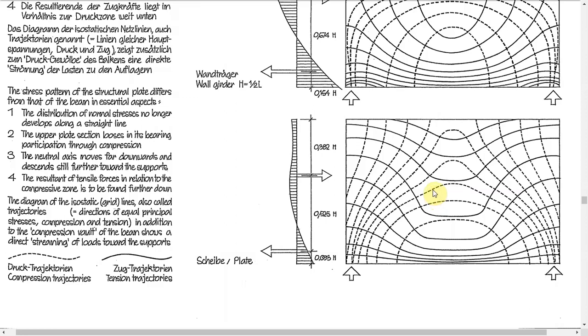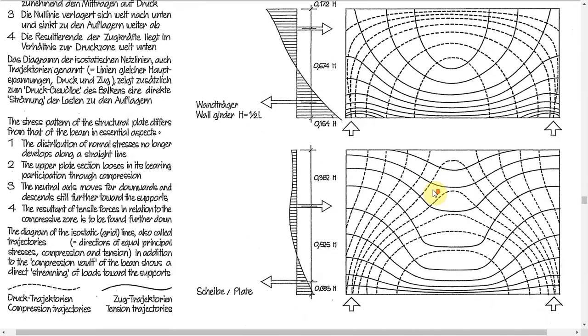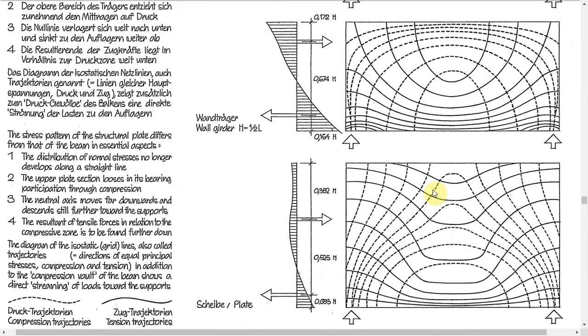The diagram of isostatic grid lines, also called trajectories, in addition to the compression vault of the beam, shows a direct streaming of loads towards the supports. So all these facts are visible in the diagrams on the right hand side. How the plates behave, right?